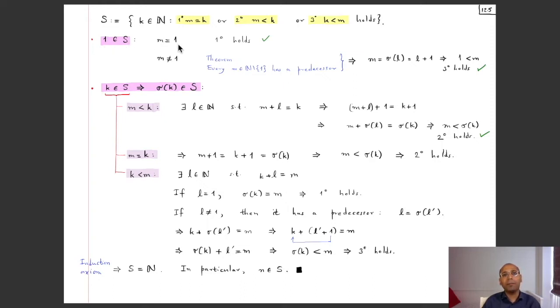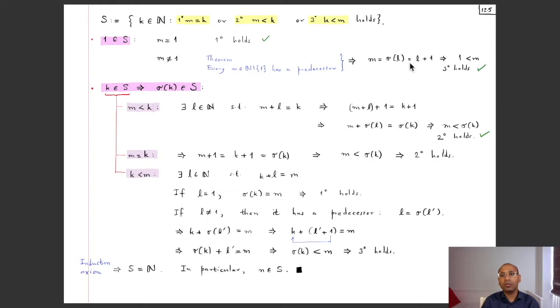Now if m happens to be equal to 1, then we are in this case, so statement 1 holds, and we are done. And if m is not equal to 1, then last time we proved a theorem which says that every natural number not equal to 1 has a predecessor. In other words, every natural number not equal to 1 is the successor of something.